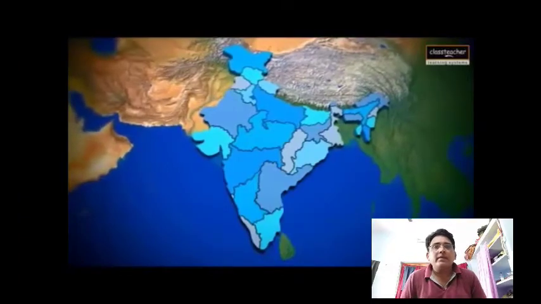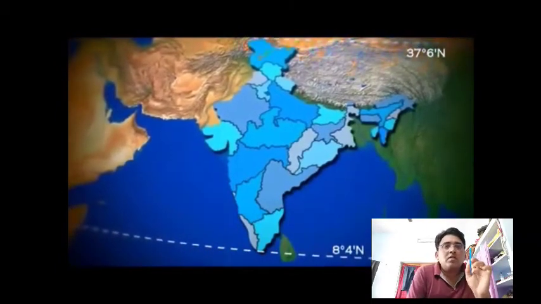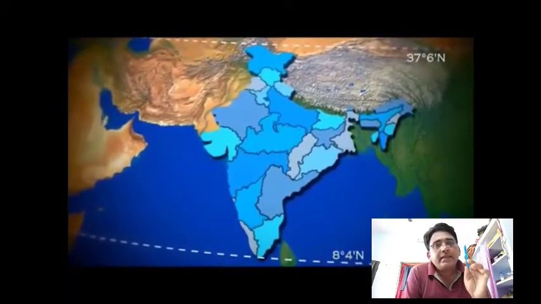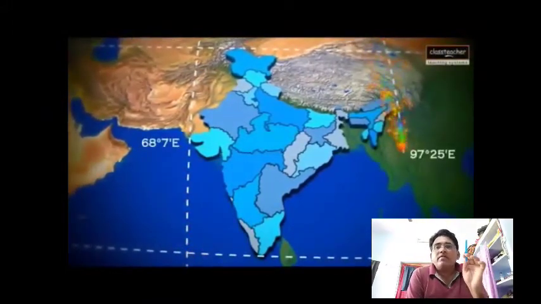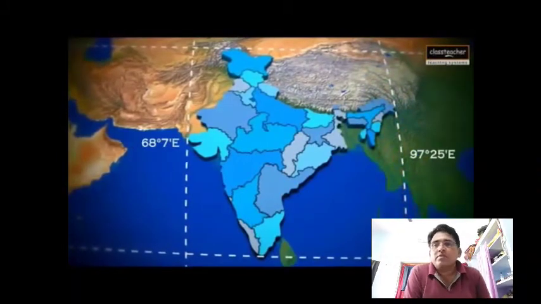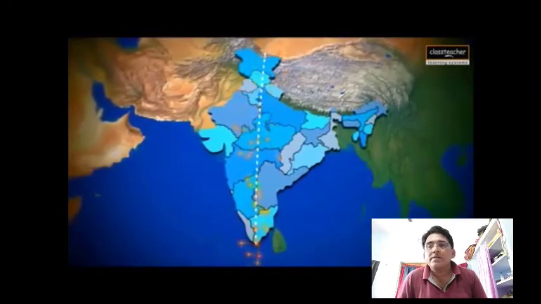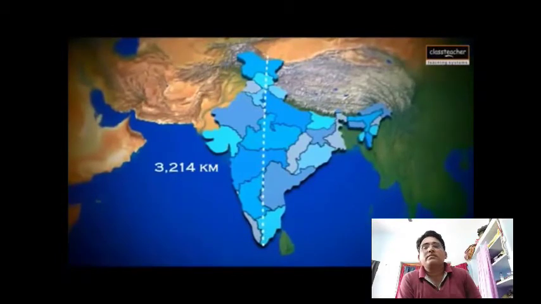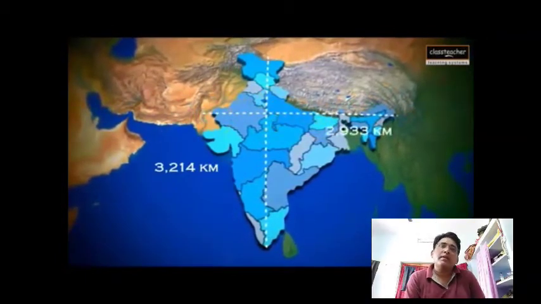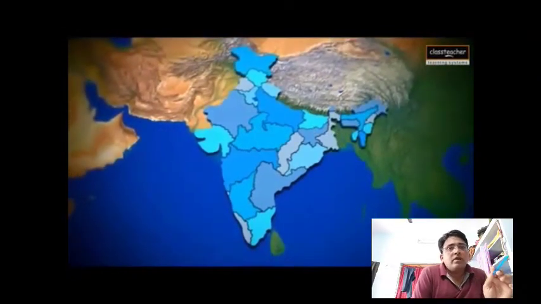India lies between 8 degrees 4 minutes northern latitude and 37 degrees 6 minutes northern latitude, and 68 degrees 7 minutes eastern longitude and 97 degrees 25 minutes eastern longitude, whereas India's distance measured from north to south is 3214 kilometers and east to west 2933 kilometers. From this point of view, north to south and east to west are about the same.